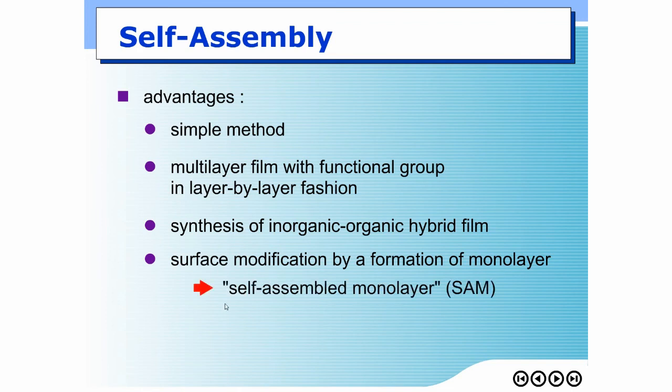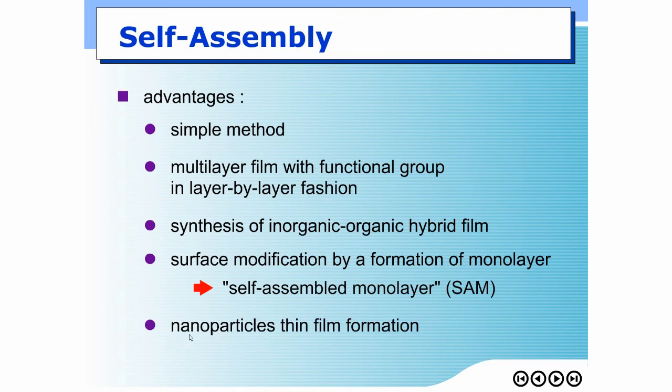This technique is called self-assembled monolayer, or SAM. It will form 1 single layer at the atomic level that you don't have to control anything. The chemistry will control it to be a monolayer by itself. So this is quite a unique technique, but it relies on chemistry quite a lot.